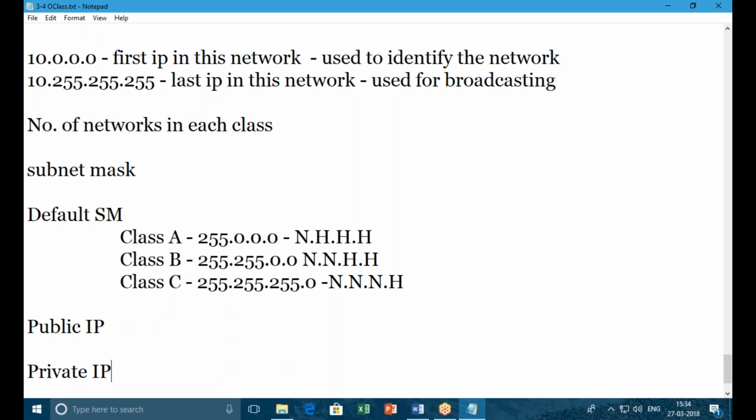So they wanted to preserve the IP addresses with some sort of solution.